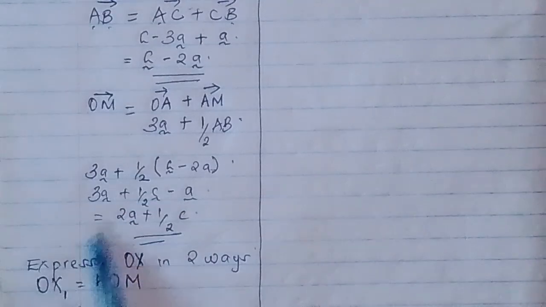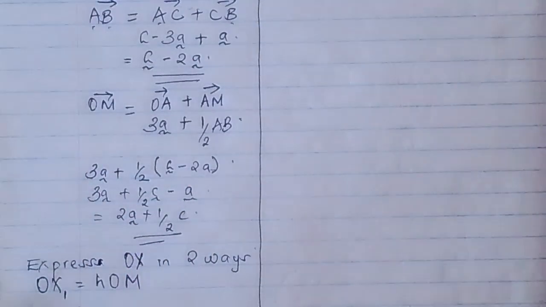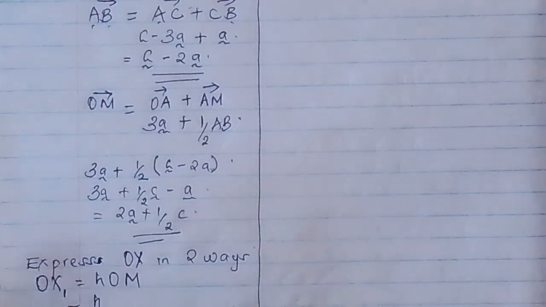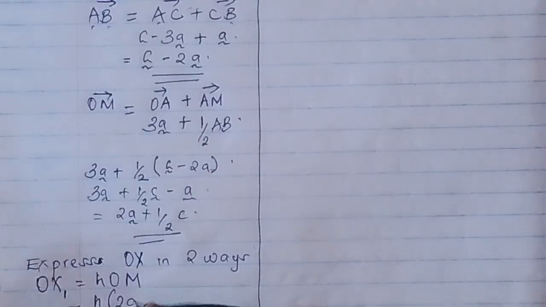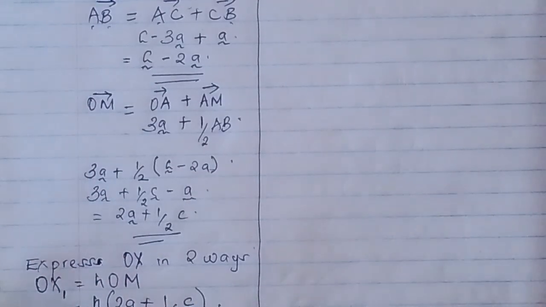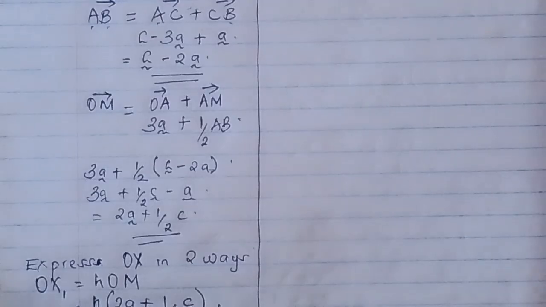So that is H times 2A plus a half C. That gives me 2HA plus a half HC. Now this is OX expressed in the first way.